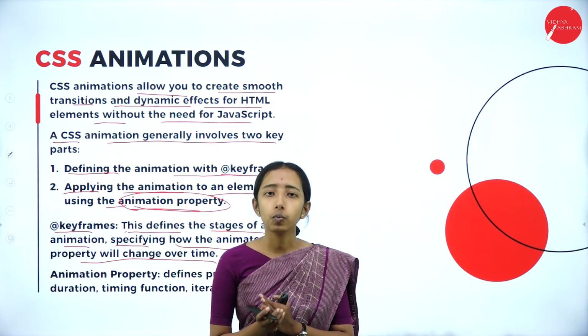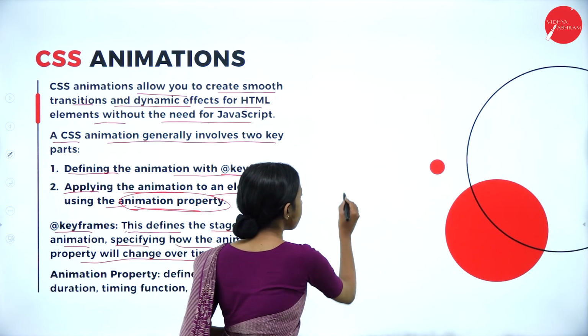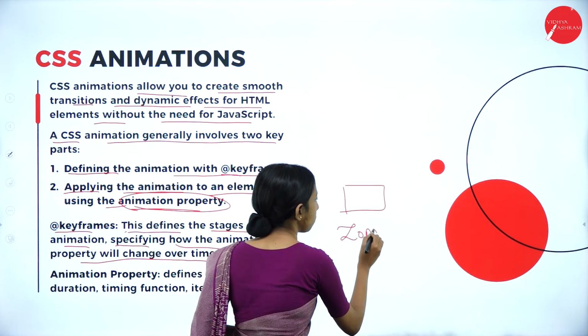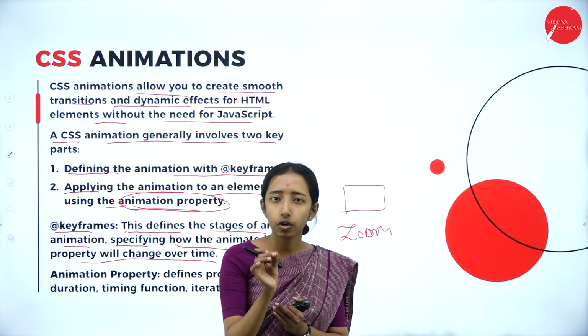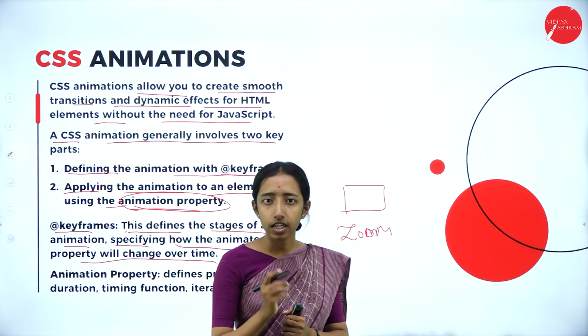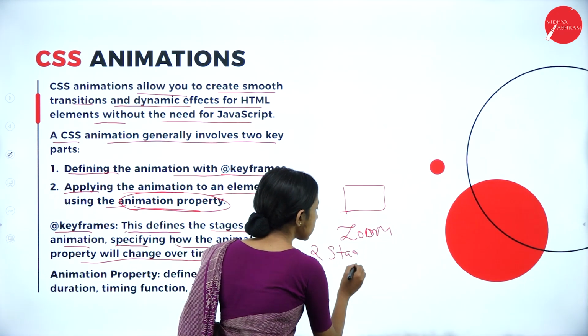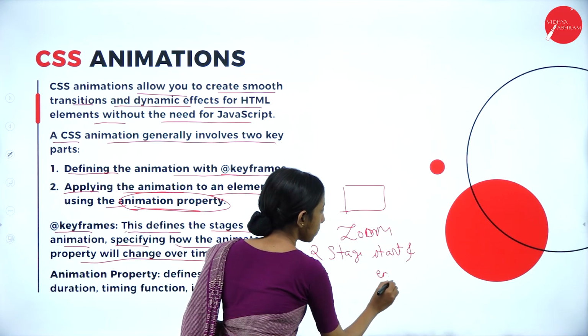For example, when we want to zoom a photo, we will have a photo and we will be zooming it. In your mobile you zoom, so you will be zooming the photo. Here you will have two stages, that is the start and the end.